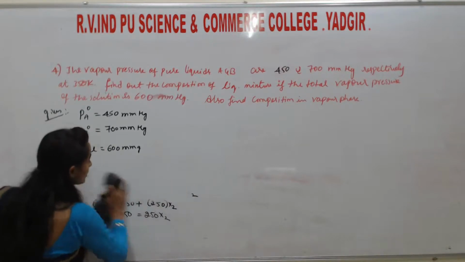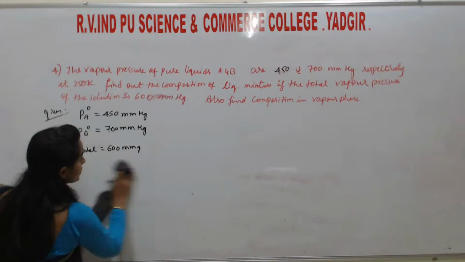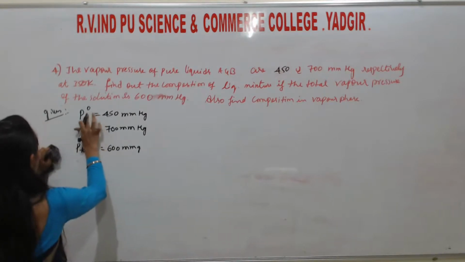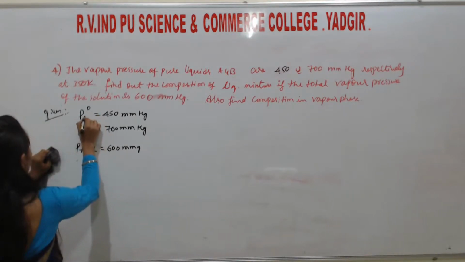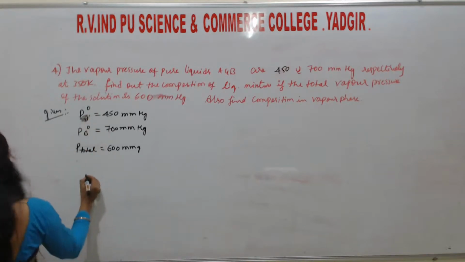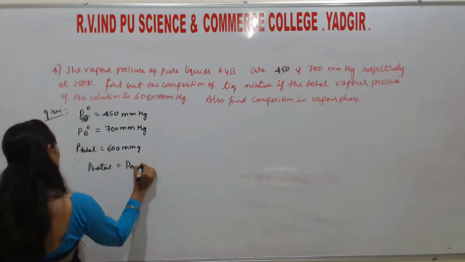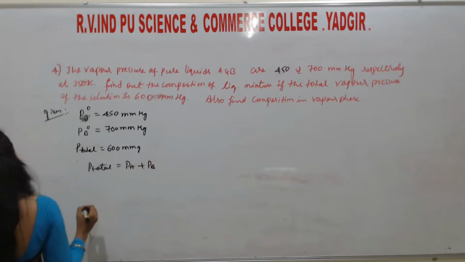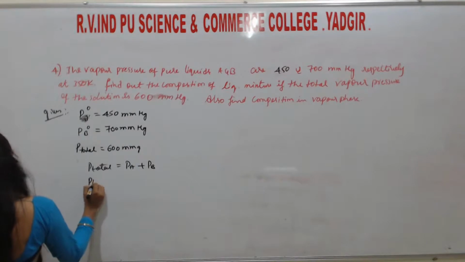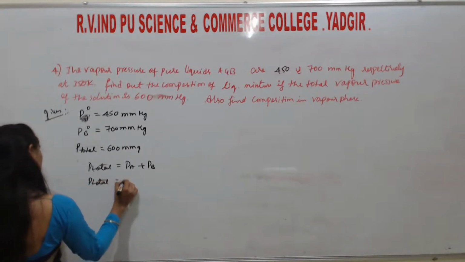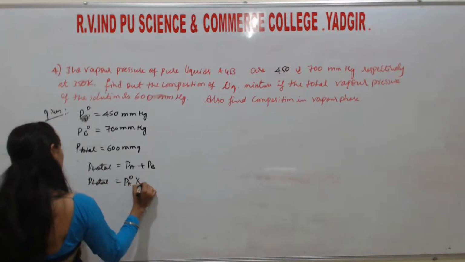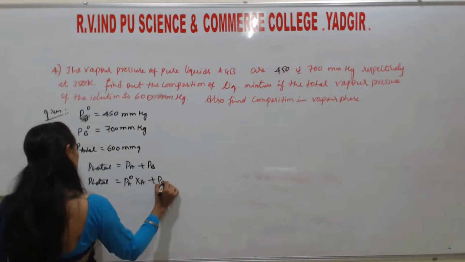This one is given as PV here, PA here, and we apply the formula here. P total is equal to PA plus PB. Then we will get P total is equal to PA naught into XA plus PB naught into XB.